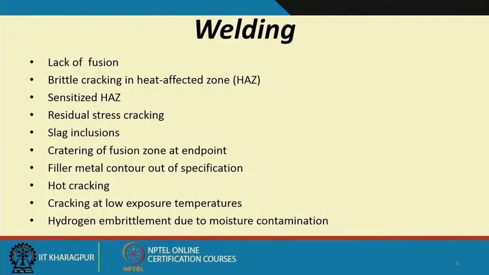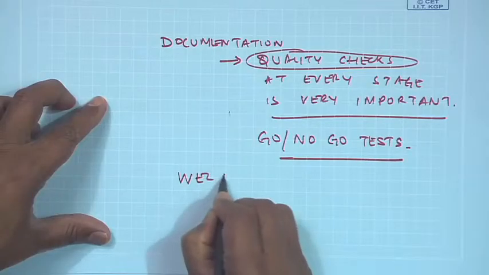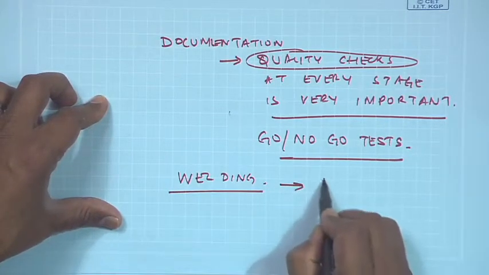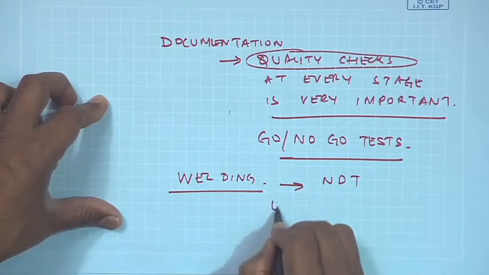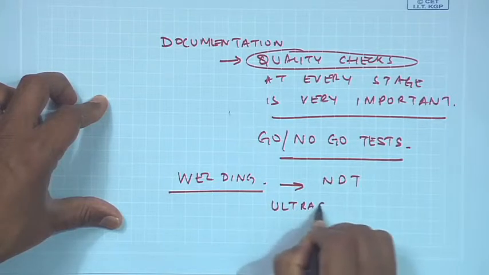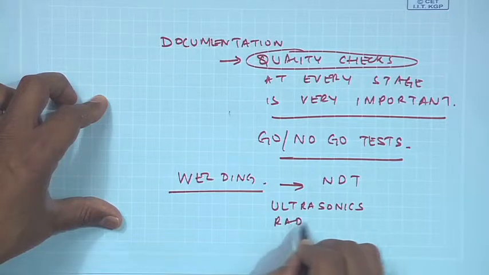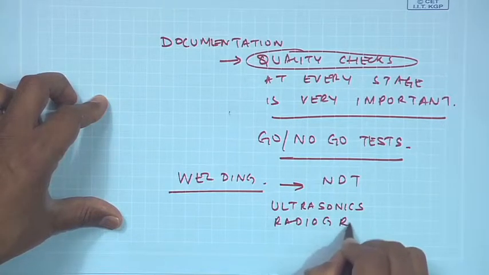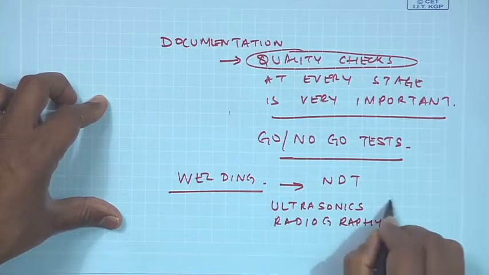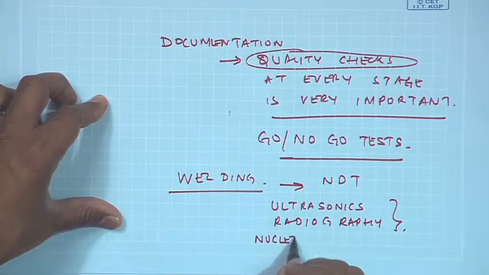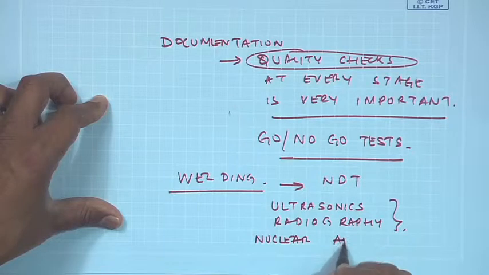Another important area you will see in a lot of engineering applications, welding is done. Okay. And of course, I had told you when we do NDT, ultrasonic checks or sometimes even radiography tests are done, particularly in nuclear reactors, nuclear applications.